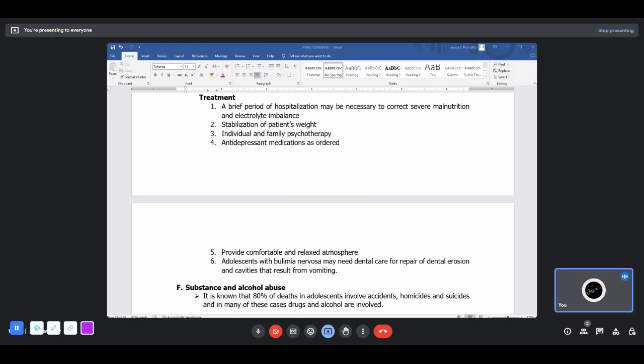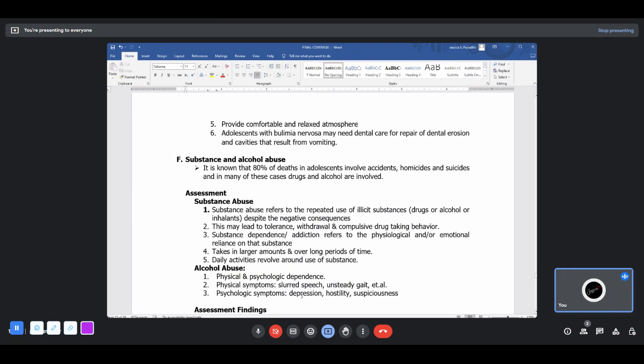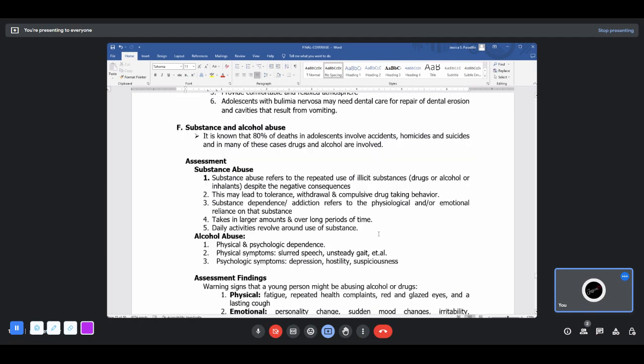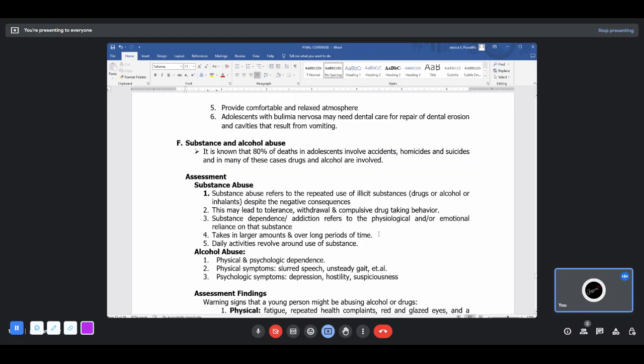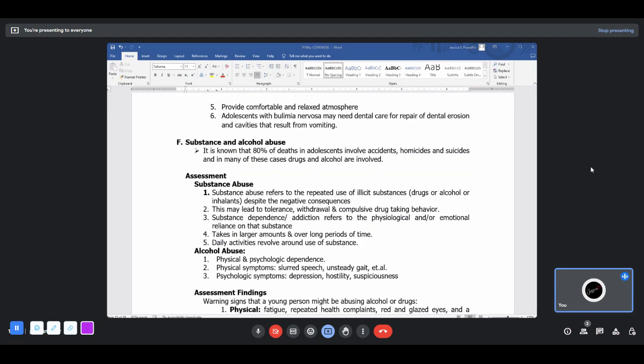And also, adolescents with bulimia nervosa may need dental care for repair of dental erosion and cavities that result from vomiting. So, yung lagi nilang pagba-vomit, pagba-purge, pwede din magkaroon ng dental problems. Okay? So, there will be a need for dental care.